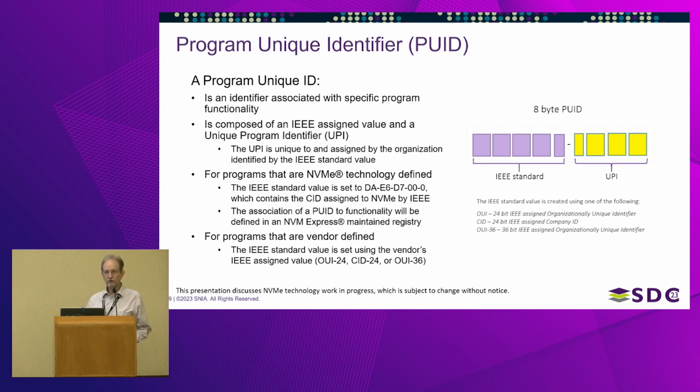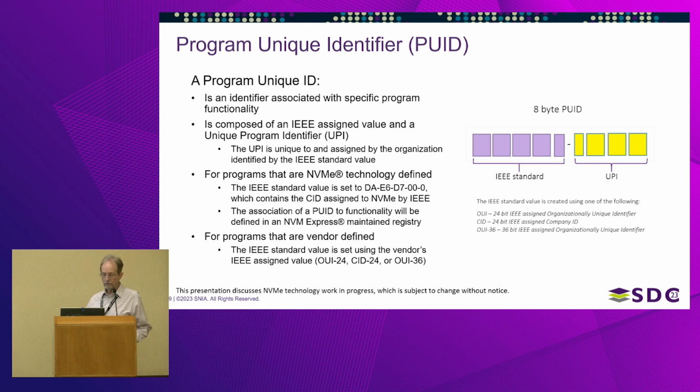It may be a separate file that is a registry file. It may be a series of technical proposals that are applied to the actual Computational Programs Command Set. So the mechanism is still under development, but there will be a mechanism.